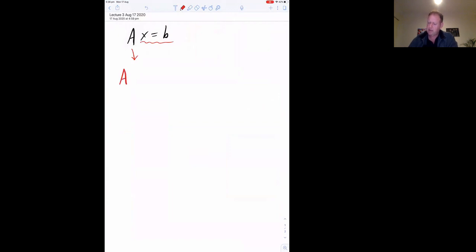We went from A, and to represent A, I'll write dots. These X's mean some entries.